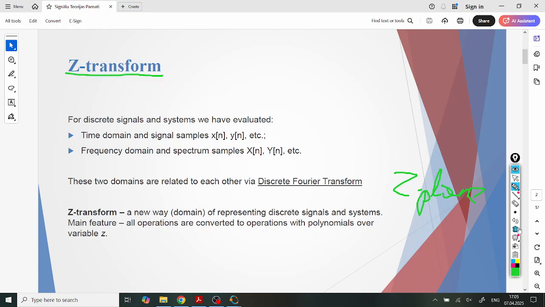But there is a little bit more to that, and it's actually a convenient tool of which I will try to convince you that for digital signals, it's actually very convenient to use one. So we already have evaluated samples, like time samples, like x0, x1, x2, like specific points of signal, which we read in time, and also frequency domain and the spectrum samples. When you take those time samples, calculate Fourier transform, display the spectrum, and can conclude something about signal. Now, they are closely related to each other by Fourier transform.